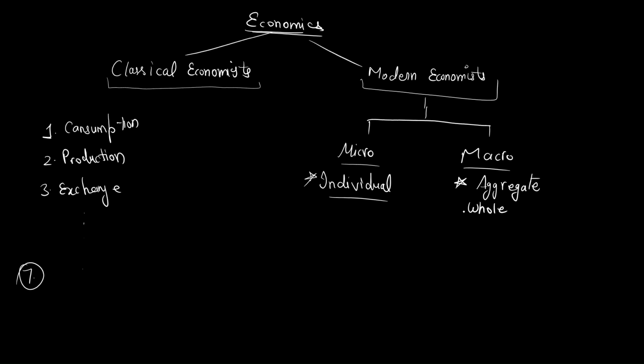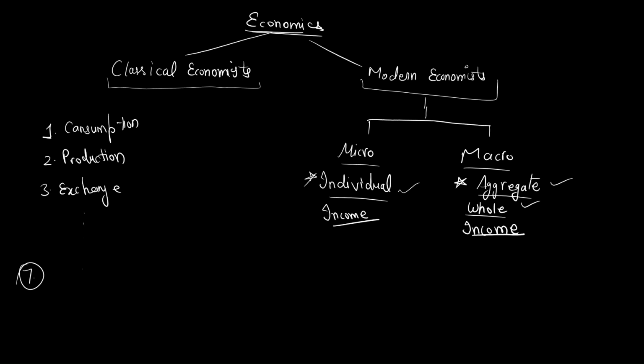Whereas in macro, I am studying India as a whole, what India as a whole is doing. Like for an individual, I'll study how much an individual is earning, the income of an individual. Here I will learn income as a whole, how much is earned by India as a whole, as an aggregate. So microeconomics comes with the individual, and macro comes with aggregate. We'll study more about it in detail. Don't worry about it.